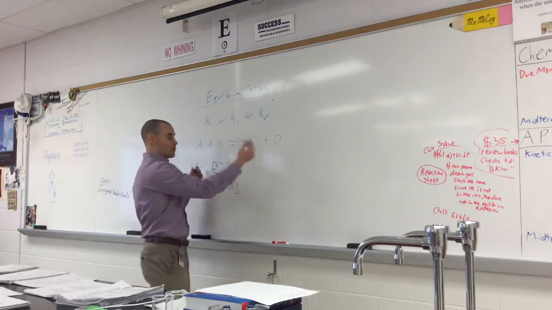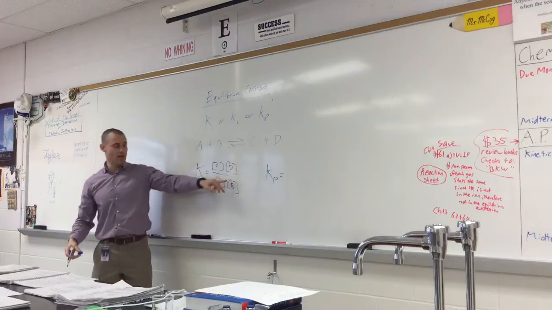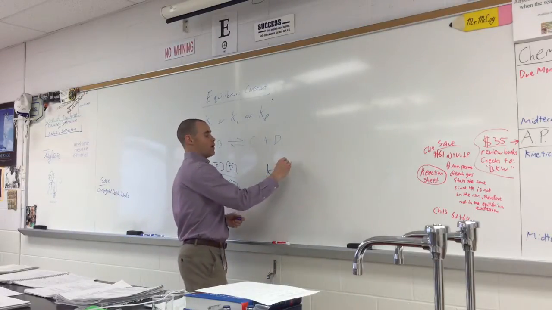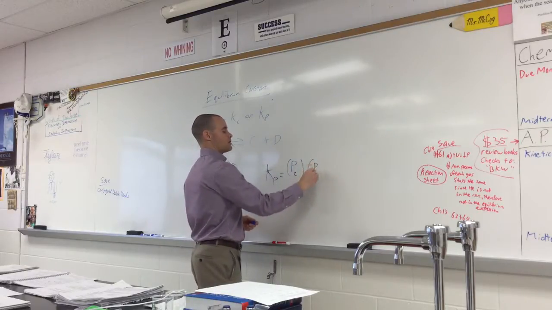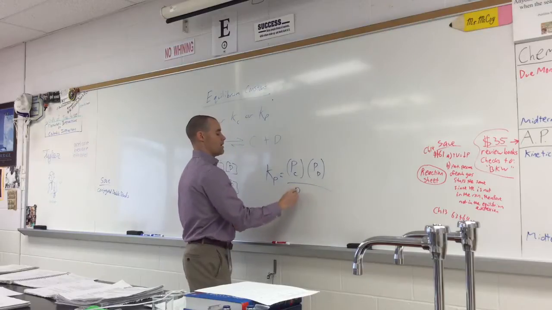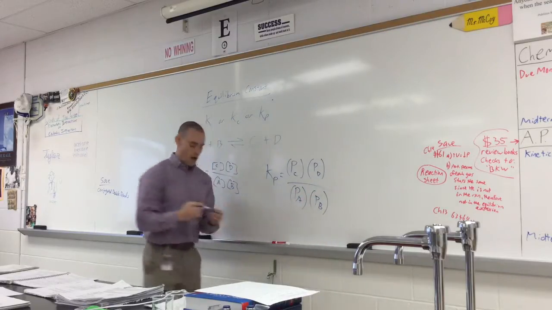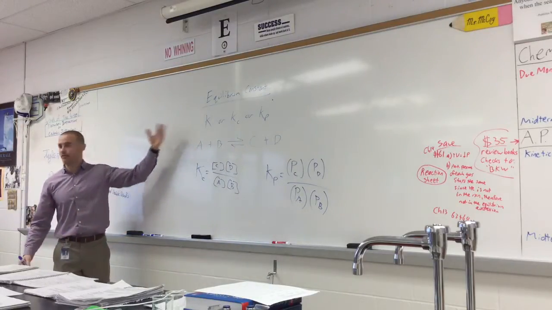And then if we were using partial pressure, technically you wouldn't have moles per liter. You would have atm or torr. Usually it's atm. You'd have the partial pressure of C times the partial pressure of D divided by the partial pressure of A times the partial pressure of B. All I'm trying to teach you right now is what an equilibrium constant is and how you find it.